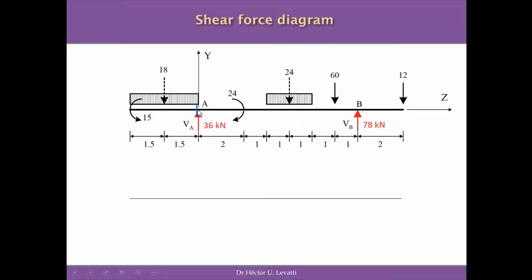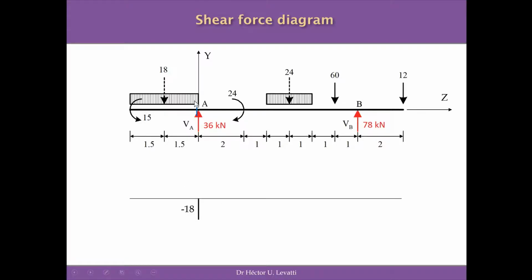So at this cross section in particular, we have a negative force giving us a negative shear force equal to 18. So we can draw from our neutral axis, our horizontal reference line, this value that will represent minus 18 kilonewtons, which is the shear force at this cross section in blue.